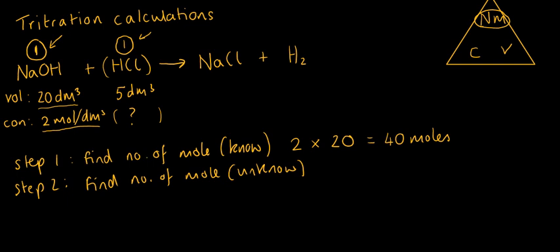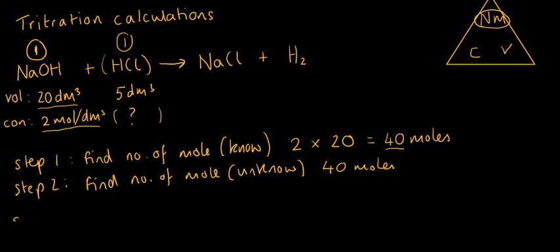So if I have 40 moles of sodium hydroxide, I have 40 moles of hydrochloric acid. If there was a big 2 here, which there isn't, then 40 moles would react with twice as many, 80 moles of hydrochloric acid. I just have a ratio of 1 to 1, so the number of moles of my unknown is 40 moles.